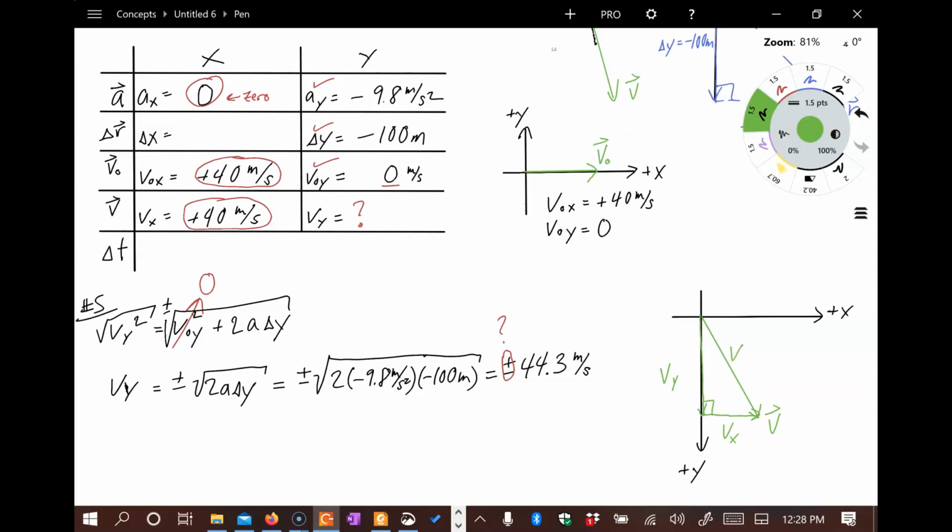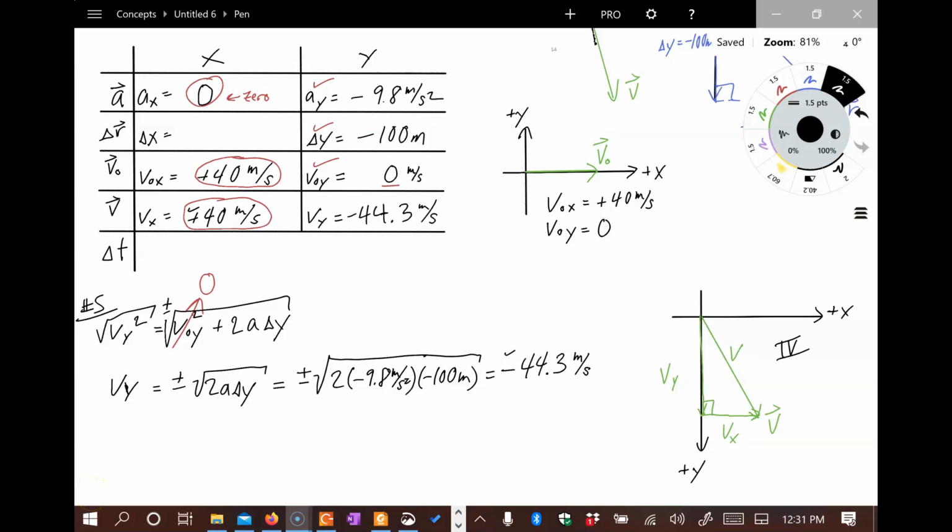And we can see Vy is negative, so we have to choose the negative value. A quick check on the signs: this is a fourth quadrant vector. We know x is positive, good, y is negative, good. So now we know Vy is equal to minus 44.3 meters per second.